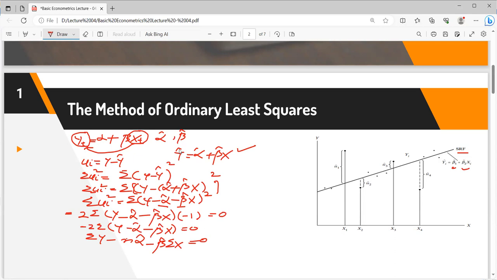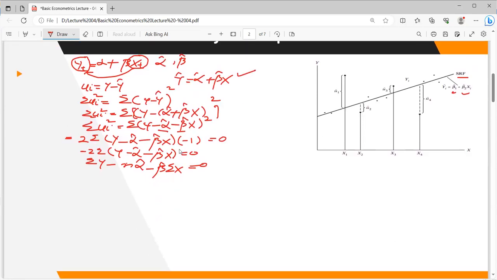So you can write it as summation y is equal to n alpha hat plus beta hat summation x. That is normal equation 1. Now we take the partial derivative with respect to beta hat.